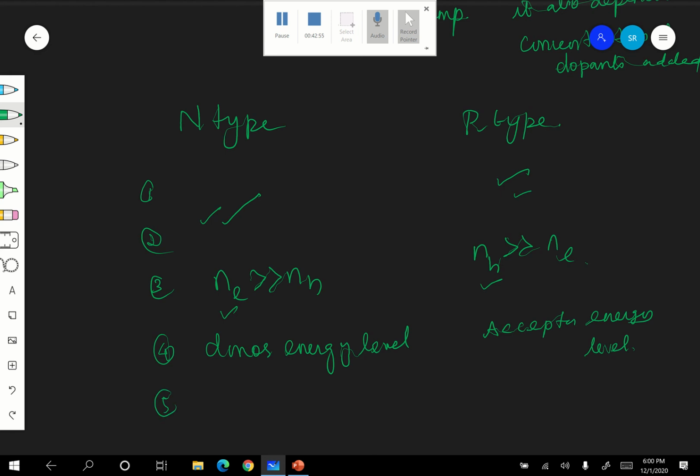The Fermi energy level in n-type is shifted towards the conduction band, so it is near the conduction band.